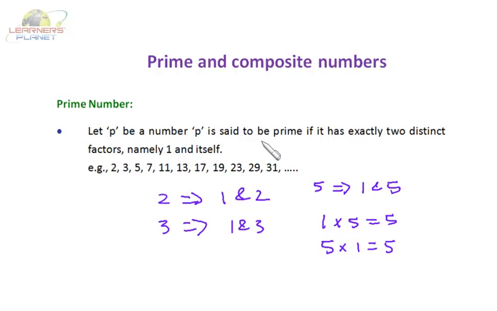A number is said to be prime if it has exactly two factors. Similarly we can take the examples of 7, 11, 13, 17, 19, 23, 29, 31 and more than that.